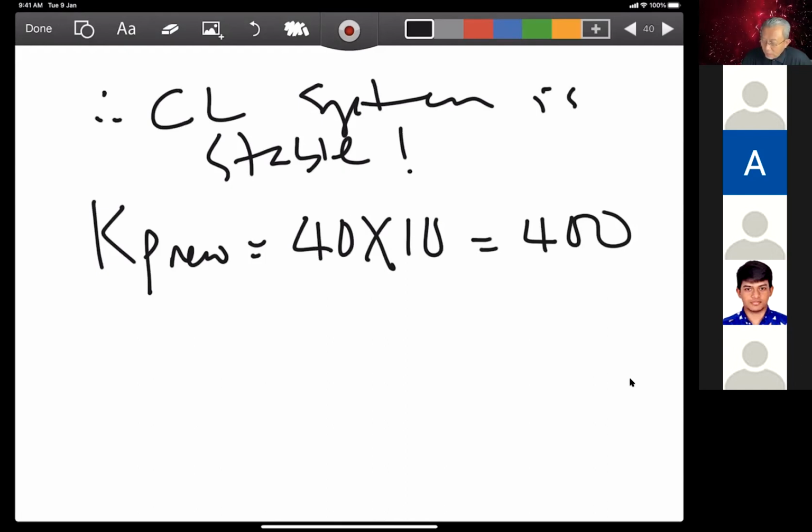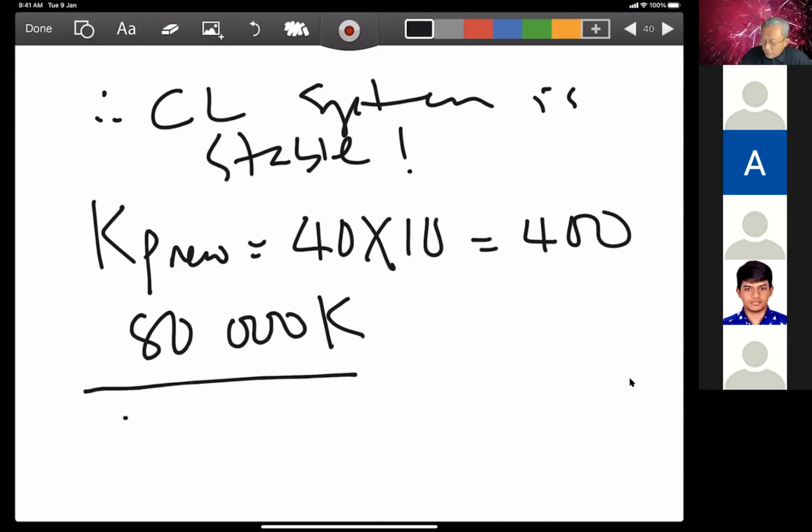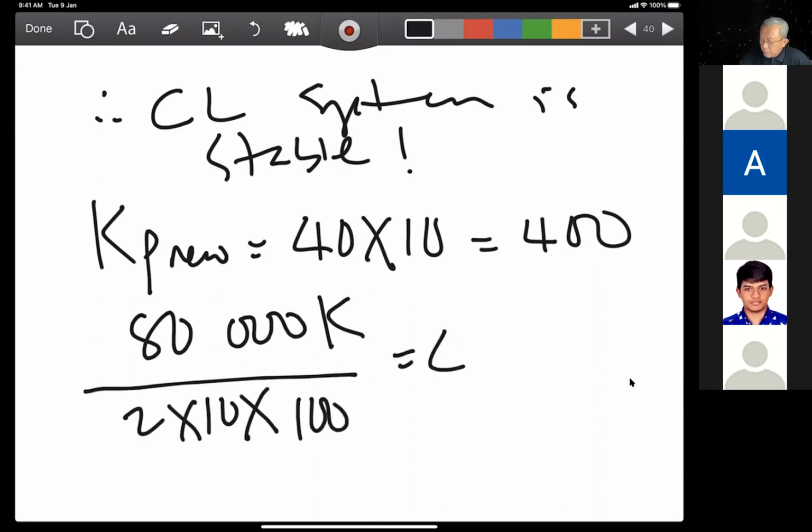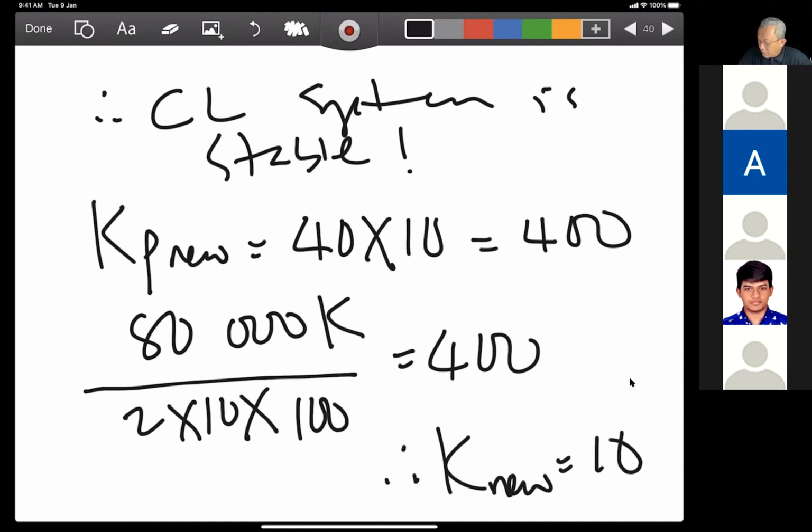By using the formula, 80,000 K over 2,000 equals 400, so the new K will be 10.